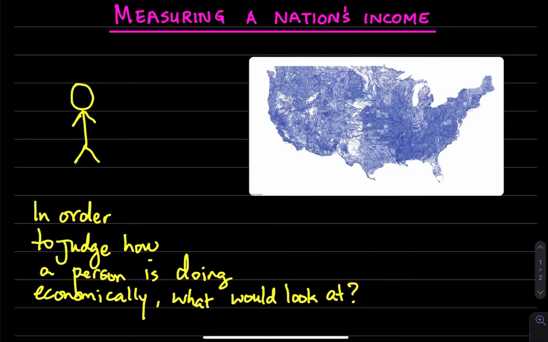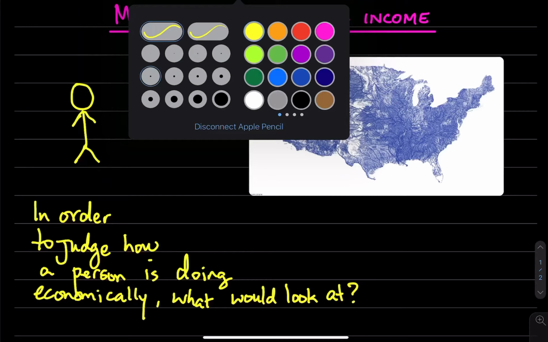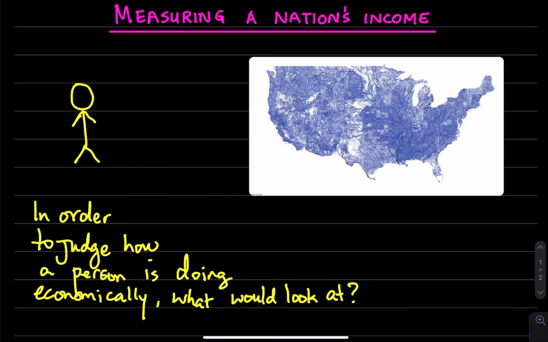Okay, you might come up with answers like we might look at what they own, how much they have in their bank account. Well, we don't have access to that, but we might look at what they own, are they traveling, their lifestyle, all of that stuff. But one simple answer to this could be that we might just look at their income.